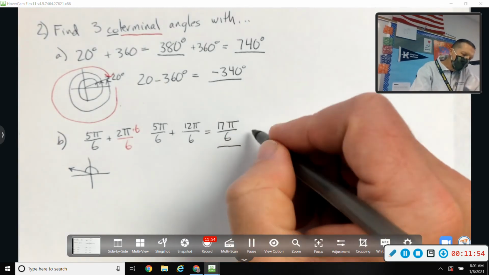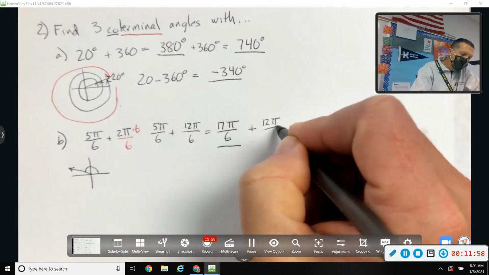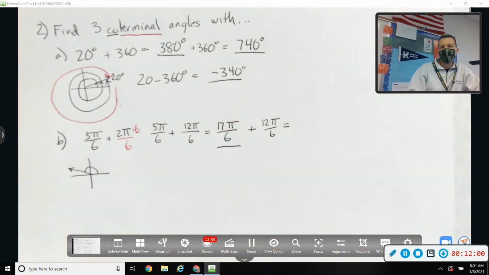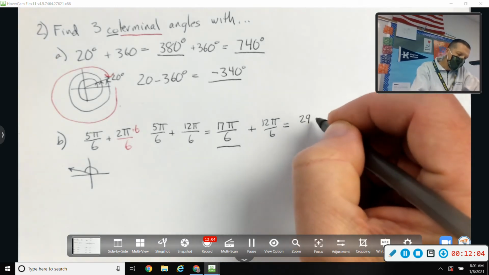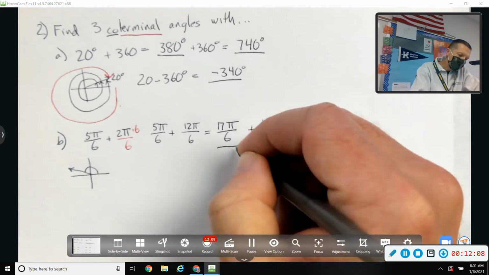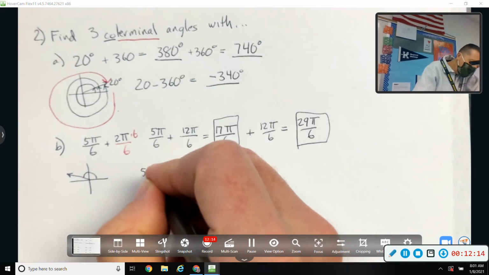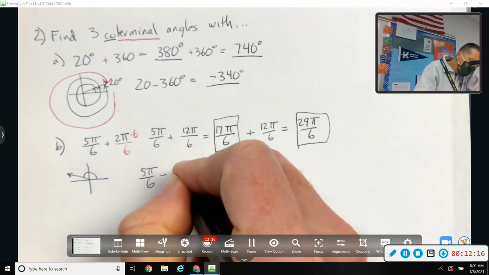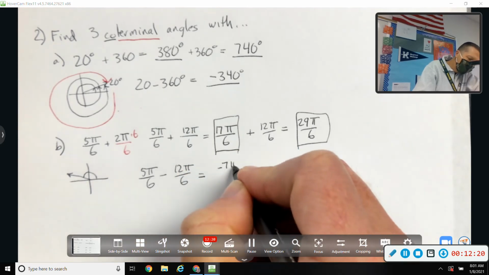So I'll add 2 pi again, but I've already converted it into over 6, my common denominator, so I'll just add 12 pi over 6 again. So that would get me to 29 pi over 6. And then I could add 2 pi again, or I could come back here and subtract 12 pi over 6 and get negative 7 pi over 6.